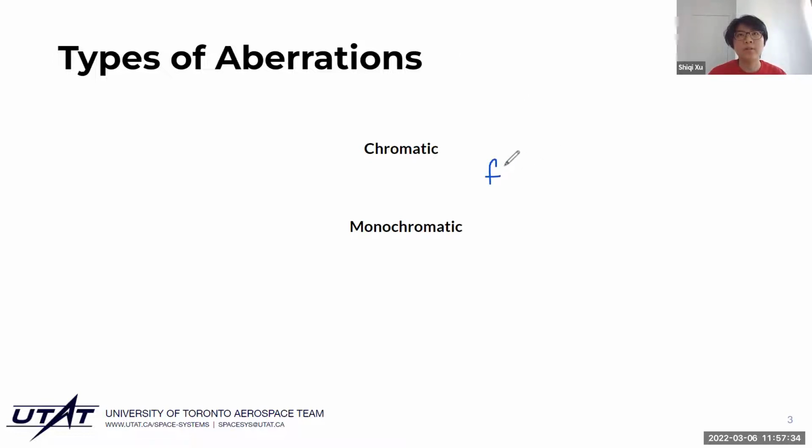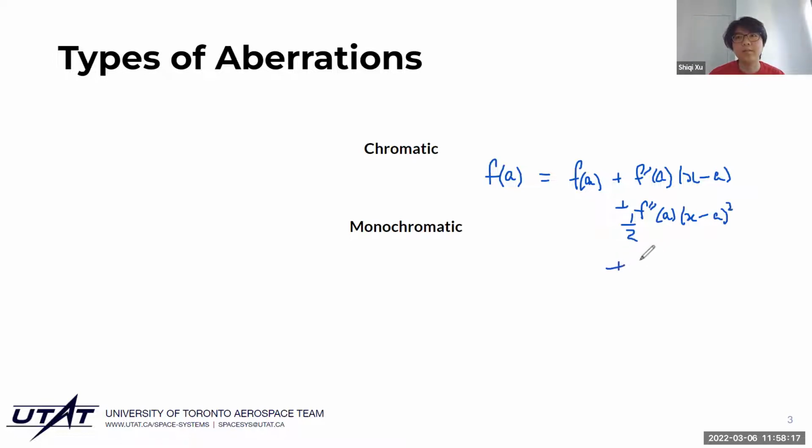You have a function f of x, and x equals a is the point you expand about. So you have f of a plus f prime of a, your first derivative evaluated at a, times x minus a, plus 1/2 f double prime of a times x minus a squared, plus 1/6 f triple prime of a times x minus a cubed.